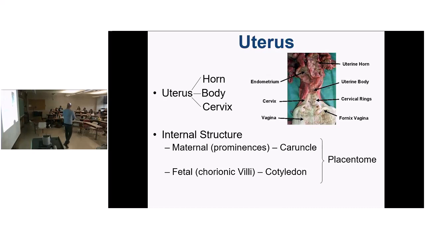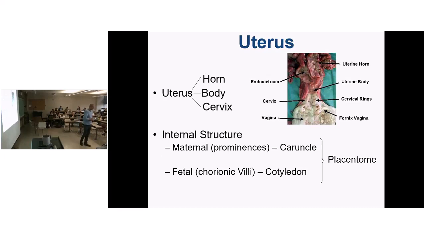The horn, if you remember well during the lab sessions, once you open the uterus, especially those that you saw like bovine, you see little dots inside. Not all species have those little dots, but some of them are really small and very spread in some species.